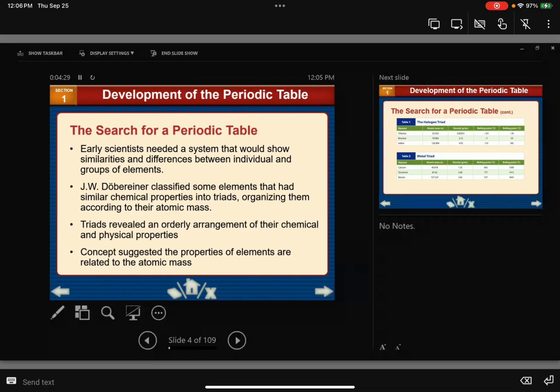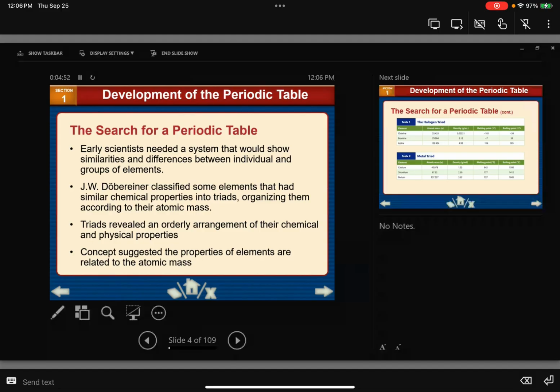Early scientists needed a system that would show similarities and differences between the individual atoms as well as the groups of elements. J.W. Dobereiner classified some elements that had similar chemical properties into triads, organizing them according to their atomic mass.